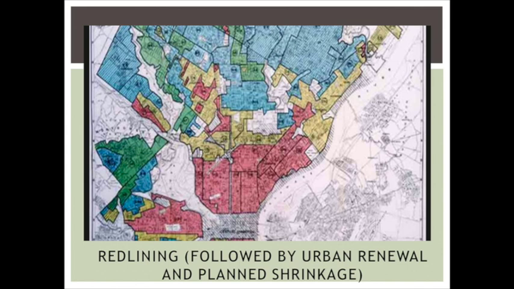So this is a practice that has happened on the part of banks and mortgage lenders for over 100 years. The idea is that the quality of housing stock, and therefore the likelihood that a bank will lend a mortgage loan, is determined in large part by the ethnic composition of the neighborhood. So the less white the neighborhood, the more likely it was to be ranked in the red, poor lending risk.